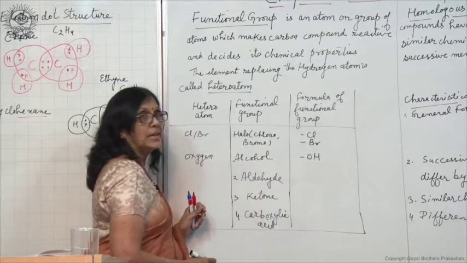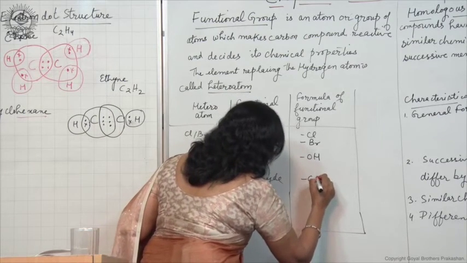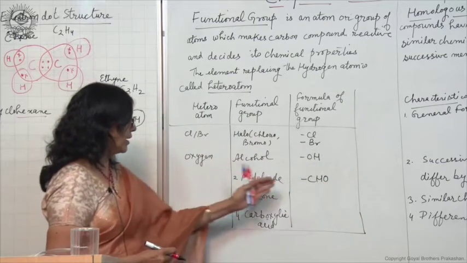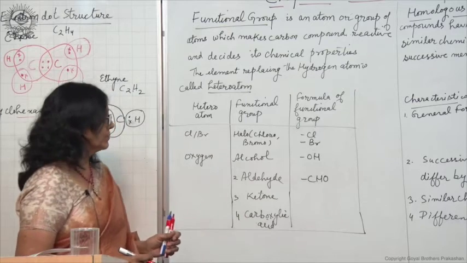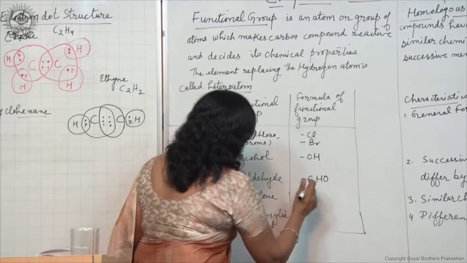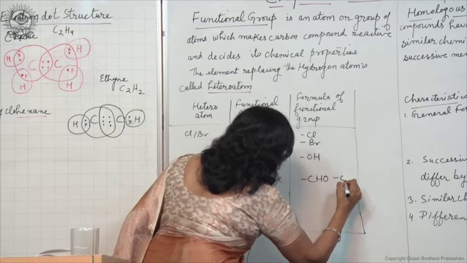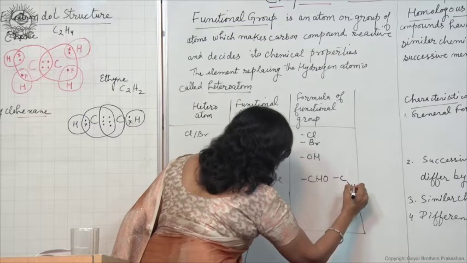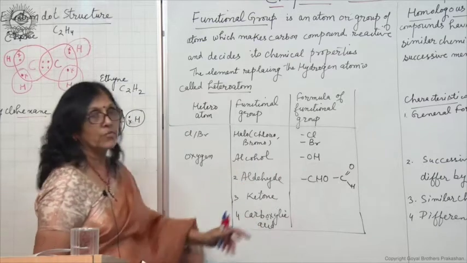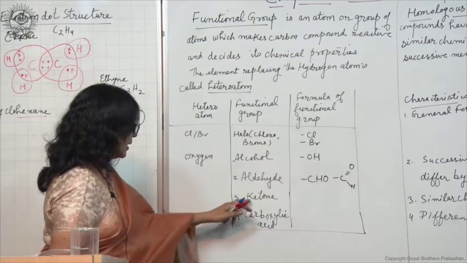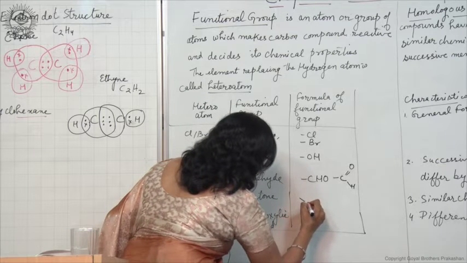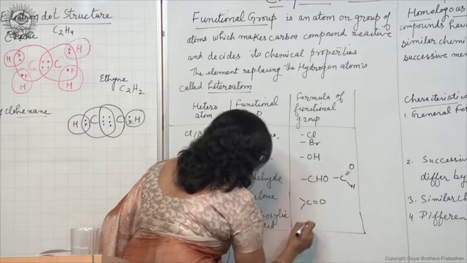Another functional group is aldehyde, and its formula is CHO. So, hydrogen atom is replaced by CHO in the alkanes. This also can be written like this, CH double bond O. So, the 4 valencies of carbon are satisfied. Then ketone, CO group. Now, this also should be written like this.